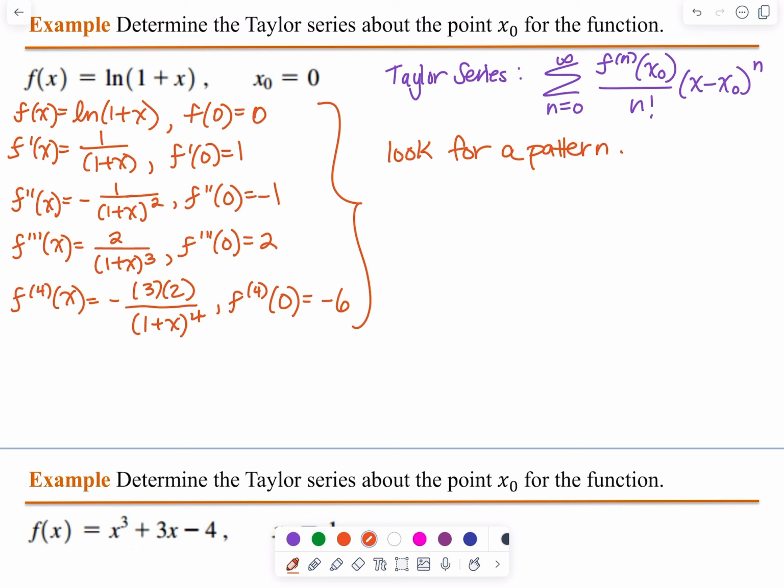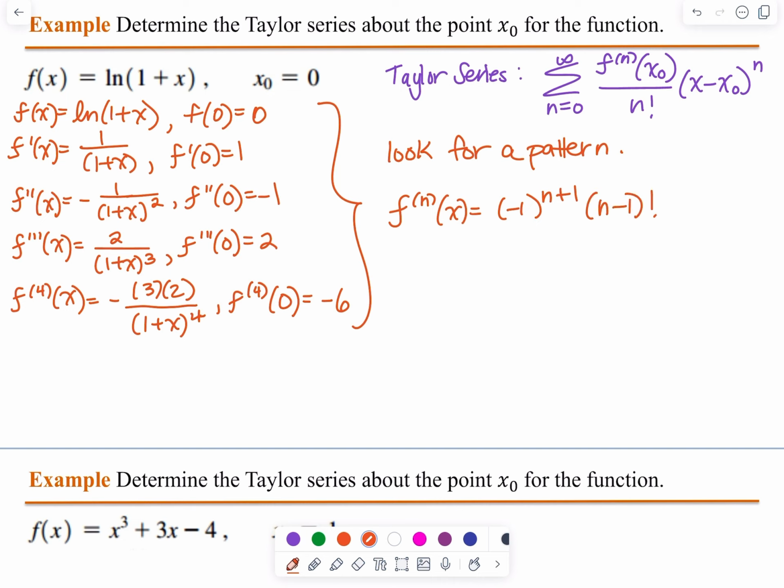So what do you see here? We see that we have the nth derivative of x, and we see this alternating term. So we have negative 1 to the n plus 1 because we are positive here and alternating. So we were positive on the first derivative, so we need that n plus 1. And then what do we notice? We see that we are also multiplying by n minus 1 factorial in the numerator.